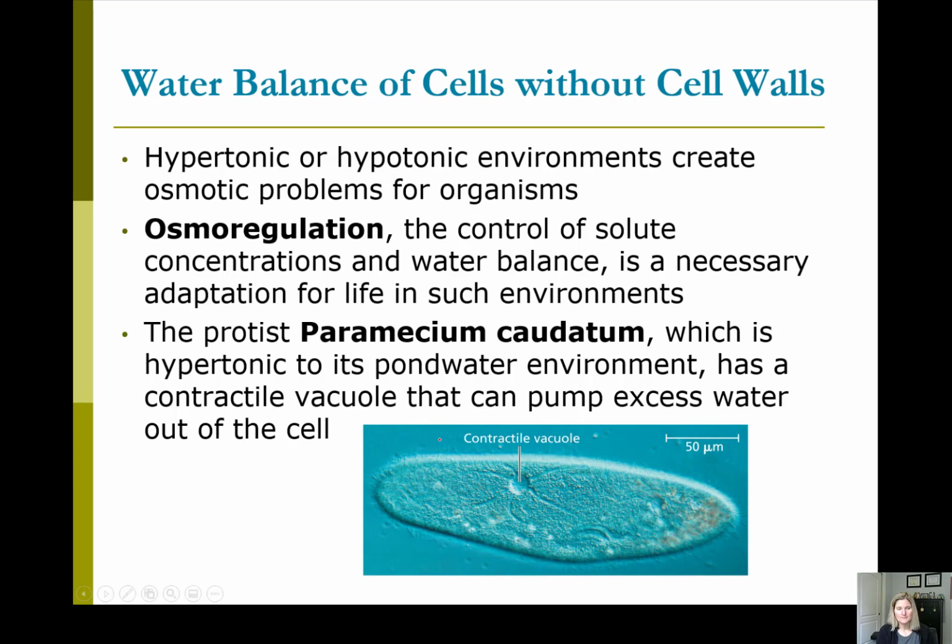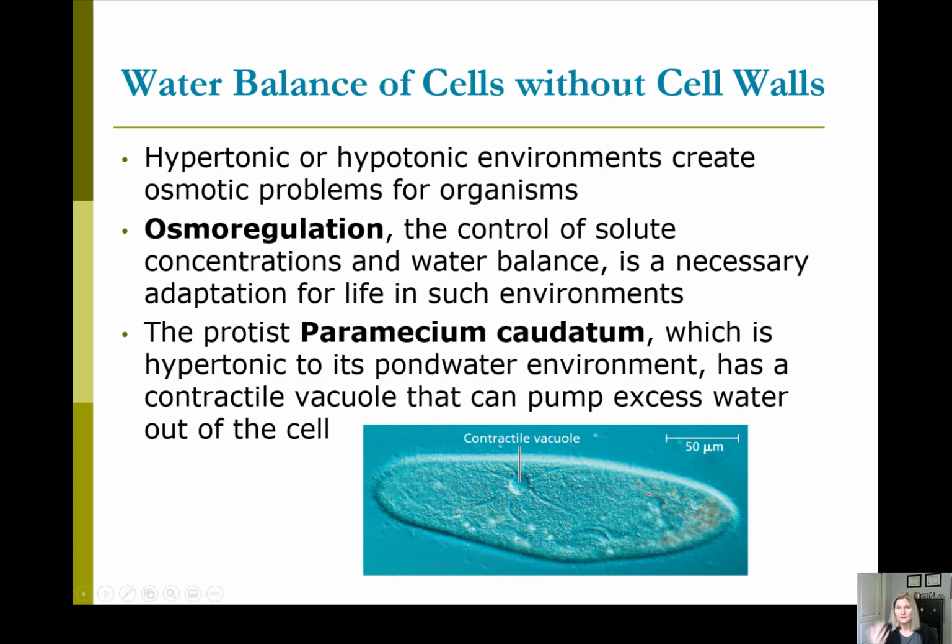Remember how I briefly mentioned the central vacuole in plants that's used for storage. Some unicellular protists have these contractile vacuoles, and they are able to aid in what's called osmoregulation, so trying to control the solute balance and the water balance.